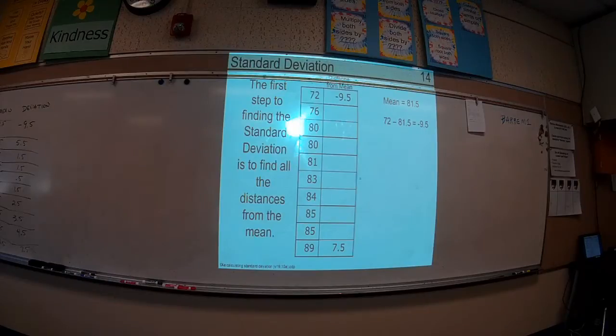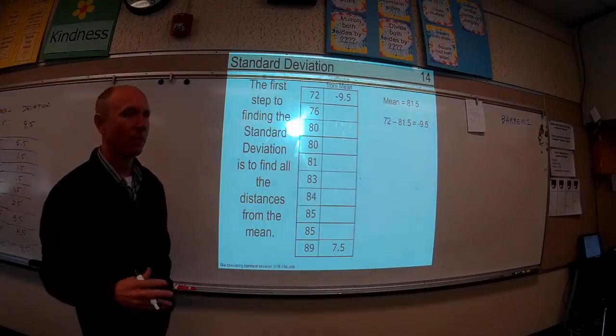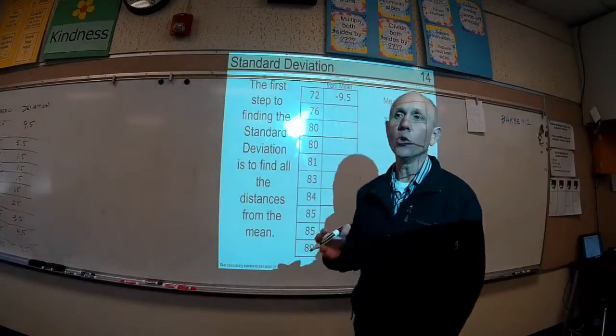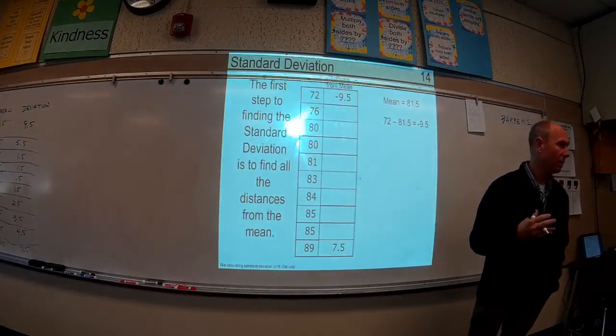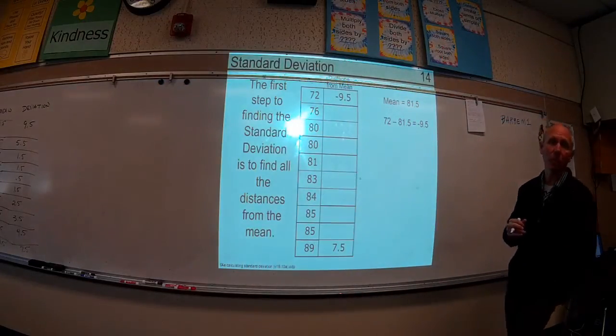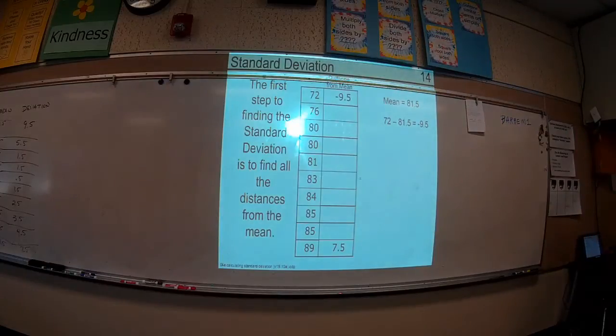You forgot the negatives. And what I'm telling you is it's not going to matter if it's positive or negative. You're going to see in the next step, it doesn't matter. If you want to keep track of positives and negatives, that's fine, but it's not going to matter because of the next step.